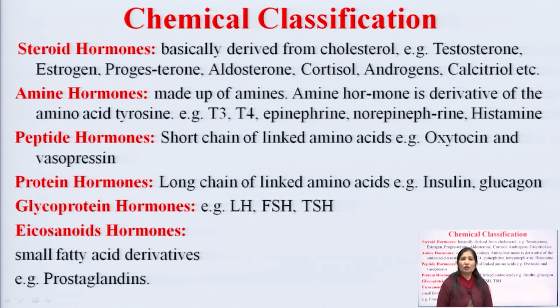Now, on the basis of their composition and chemical structure, we divide hormones into steroid hormones, amine hormones, peptide hormones, protein hormones, glycoproteins and eicosanoids. First are steroid hormones, because they are derived from cholesterol.